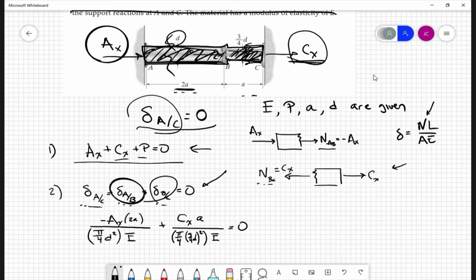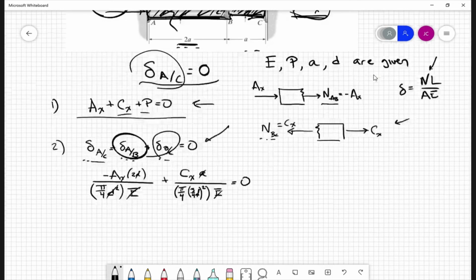So you can see the A's cancel out, as well as the E's, as well as the D squared, right? I get rid of the D squared. And the pi over 4 is canceled out too, right?